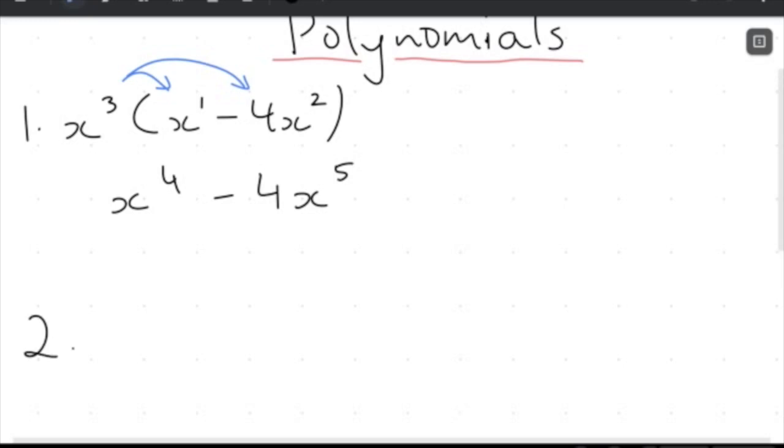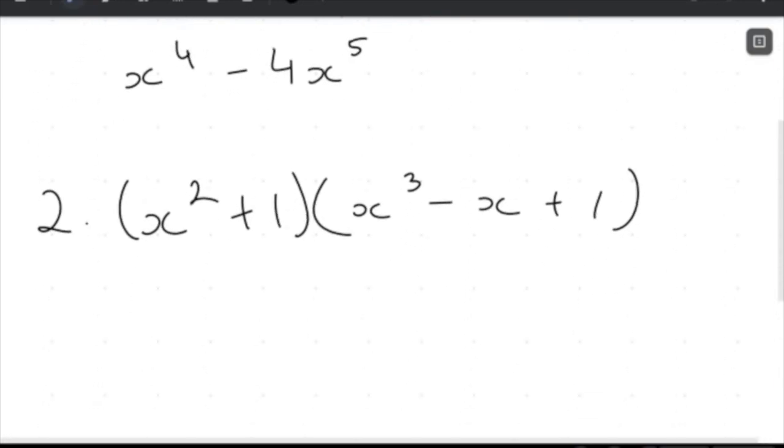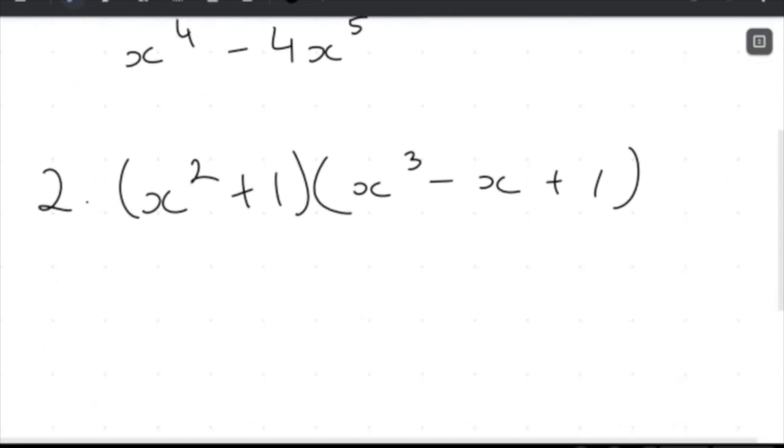Next question, we're going to multiply x squared plus 1 by x cubed minus x plus 1. With all of these ones, we remember from binomial expansion, all of my terms have to interact.